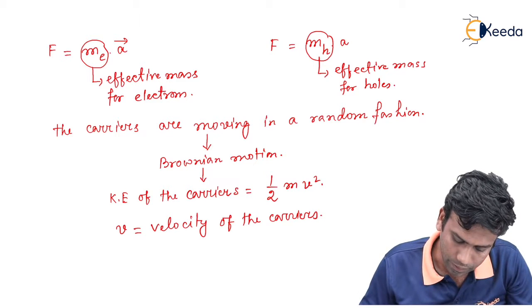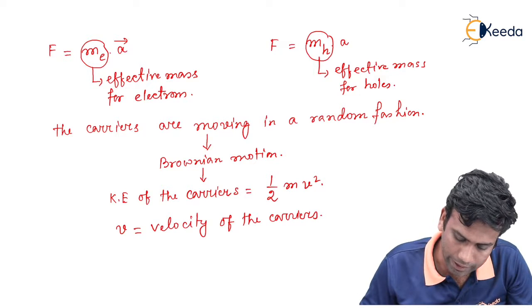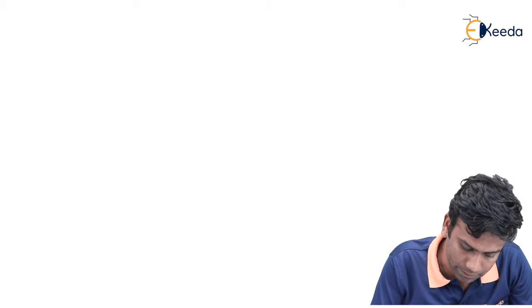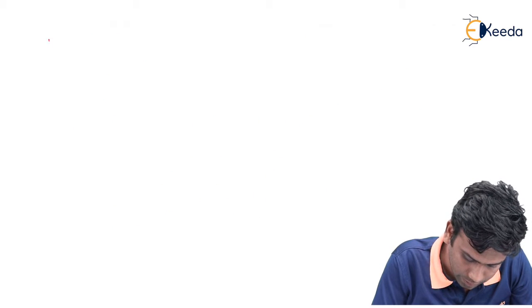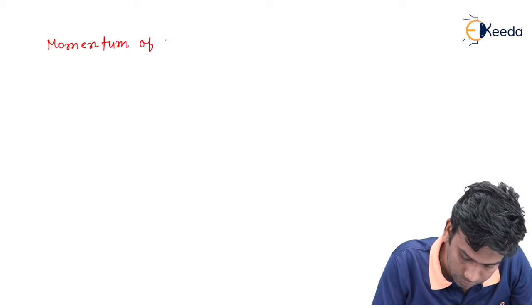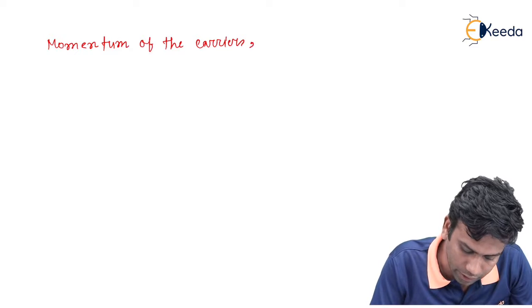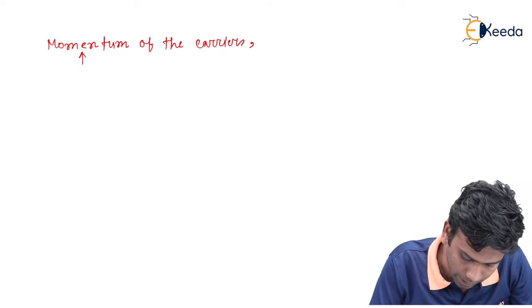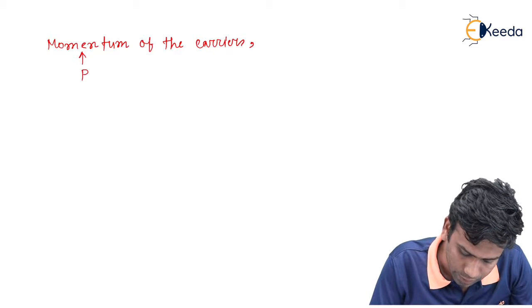Similarly, we can also say that there will be some momentum of the carriers, and if we denote this momentum by small p, then it will be mass into velocity.